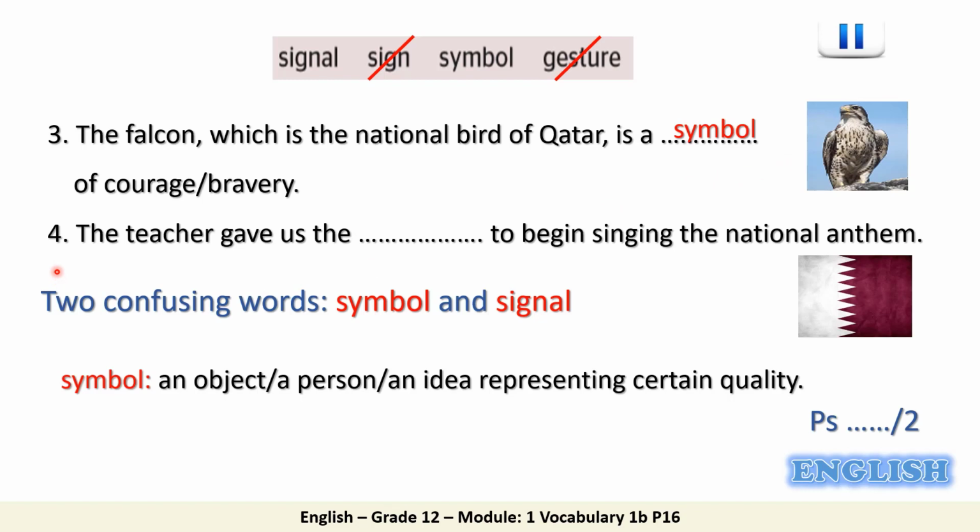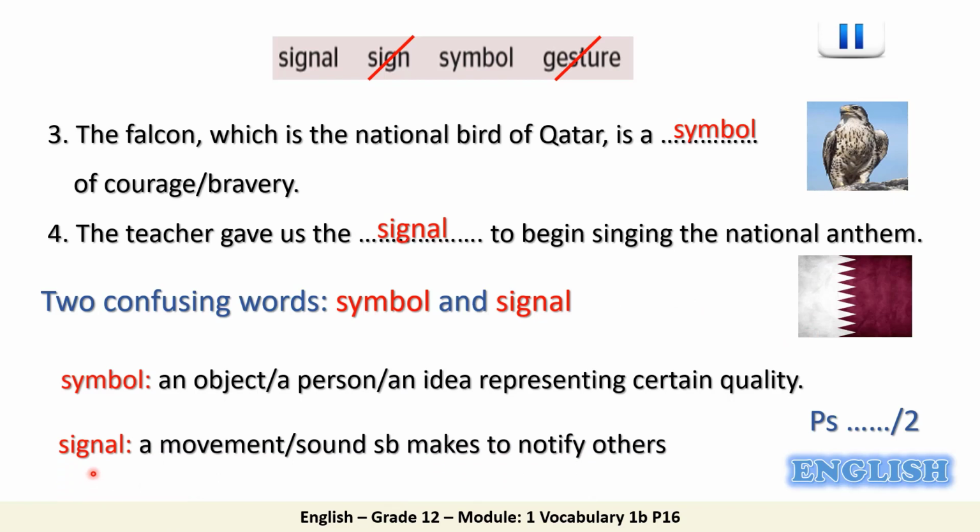And number 4 is: the teacher gave us the signal to begin singing the national anthem of Qatar. Okay, so signal is a movement or a sound somebody makes in order to notify others. Right? How about your points? Excellent. Let's continue.